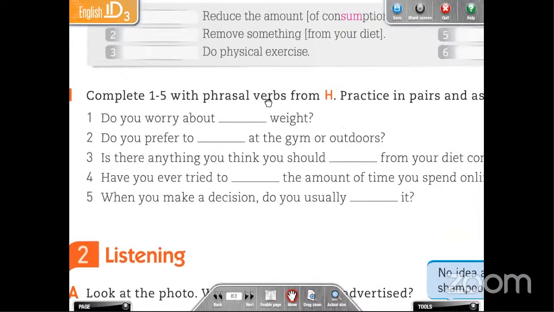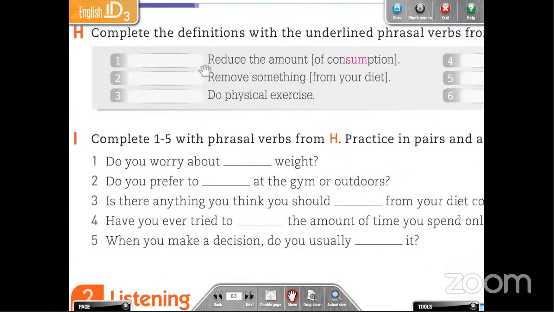Do you worry about what? Cut down on, cut out, put on, stick to, take up. What can you use here? Put on. Put on. Do you worry about putting on weight?